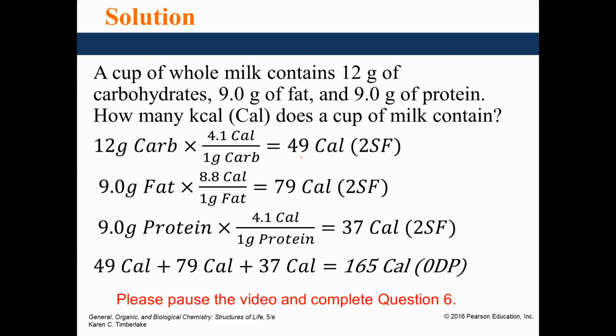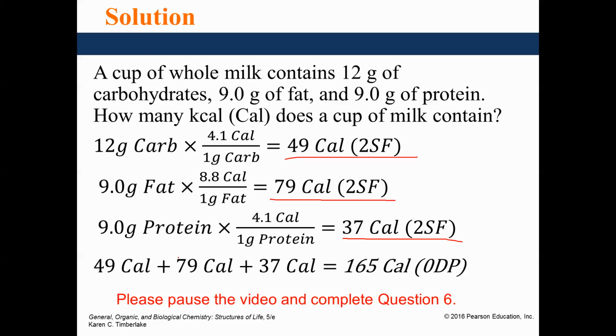That corresponds to 49 calories from the carbohydrates contained in that cup of milk. Then we have 9 grams of fat, where 1 gram of fat corresponds to 8.8 calories, so we end up with 79 calories. This again is to 2 sig figs. So 79 calories in the fat that's in that milk. And we have 9 grams of protein, and using our conversion factor again, that translates into 37 calories.